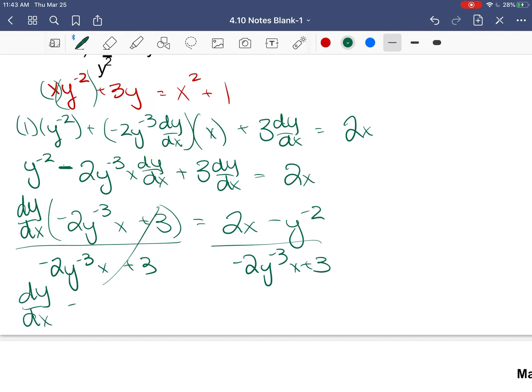Reduces to be 1, and I'm going to run out of room. dy/dx equals 2x minus y to the negative 2 all over negative 2y to the negative 3x plus 3. Again, there's nothing common to every single term, so there's our derivative.